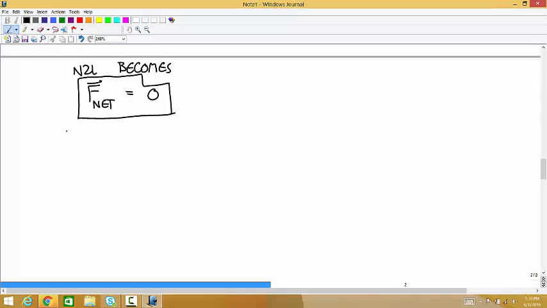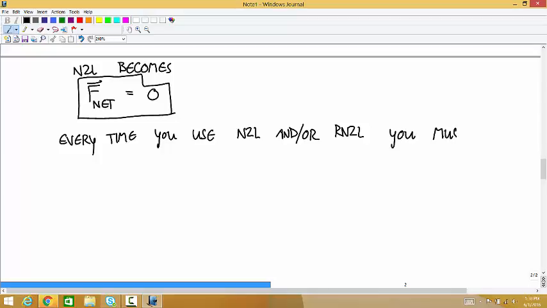In this class, and in every class after this, and in every day of your job after that, and in every day of retirement after your job, every time you use Newton's second law, and or the rotational equation, you must draw the associated free body diagram.